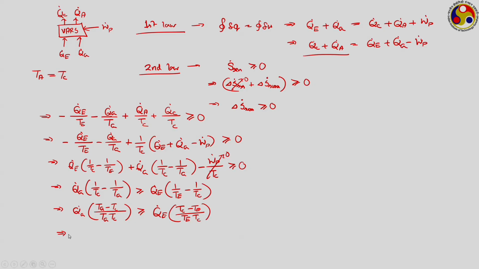And finally removing Tc from here, if we reorient the terms once more, then we can write that this Tg minus Tc upon Tg into Te upon Tc minus Te, this quantity is greater or equal to Q dot E upon Q dot G. But why we are doing all this derivation?